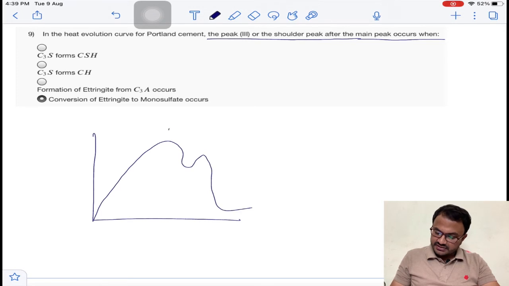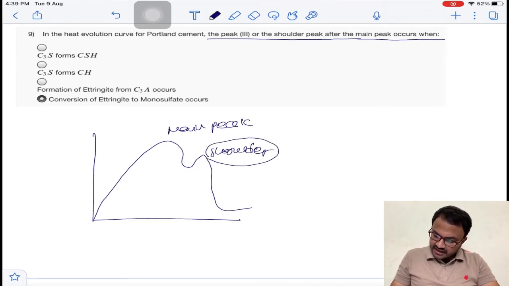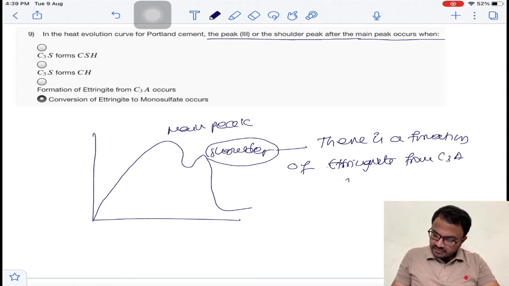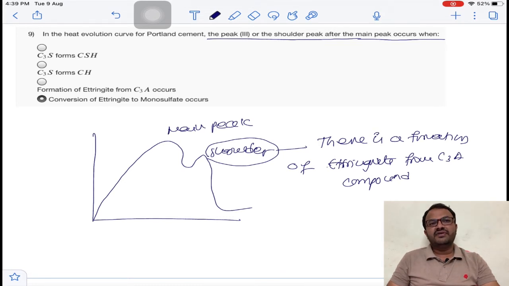This shoulder peak is observed when there is a formation of ettringite from the C3A compound. Whenever there is a chance of getting ettringite from C3A, you can observe this type of peak. That peak we call peak 3 or shoulder peak.